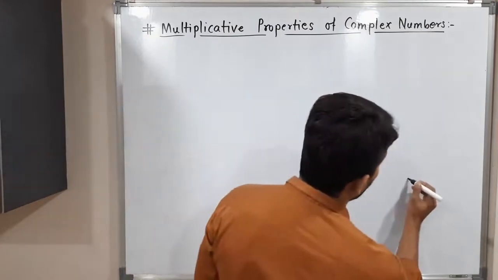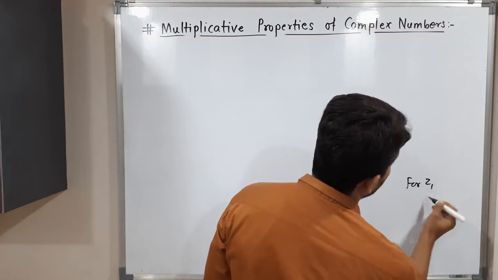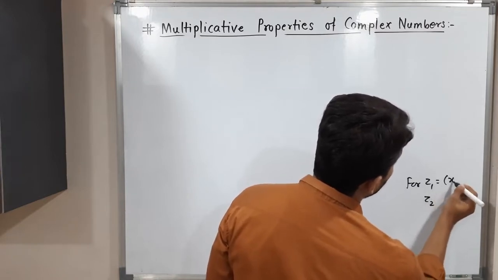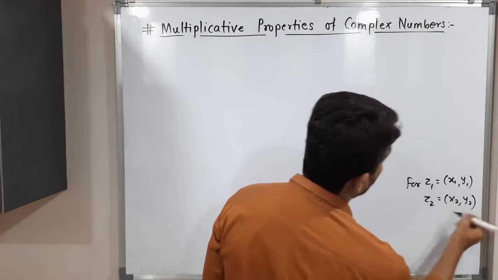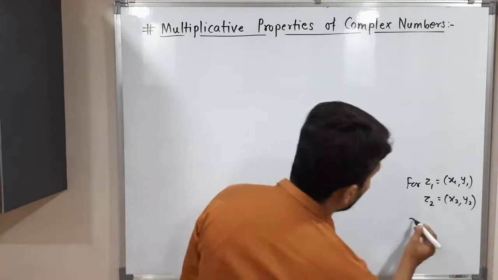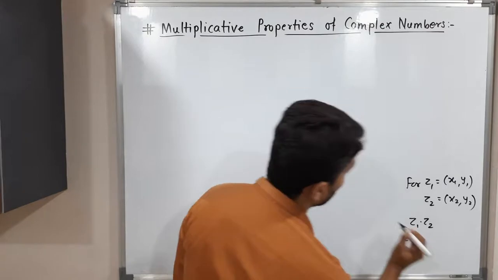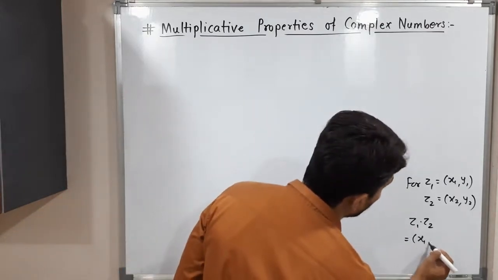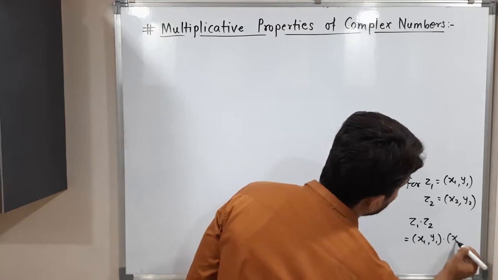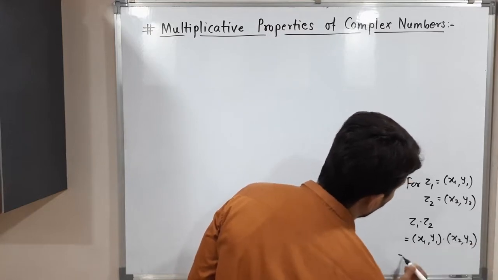So consider two complex number z1 and z2. z1 is (x1, y1) and z2 is (x2, y2) be any two complex numbers. Then their multiplication z1 into z2 is defined in this way. Let me put it here first. z1 means (x1, y1) and z2 means (x2, y2).